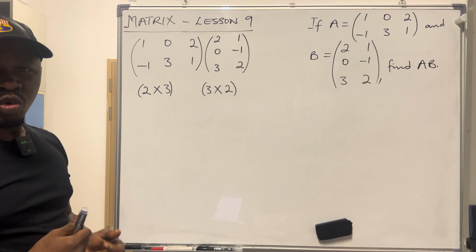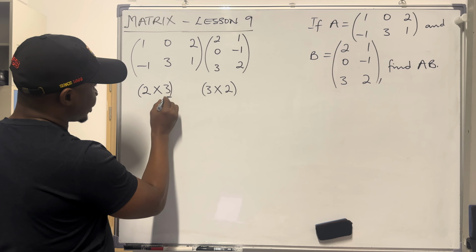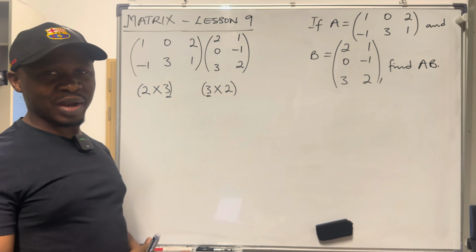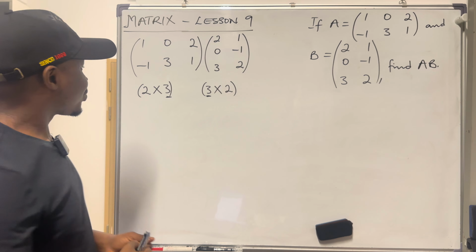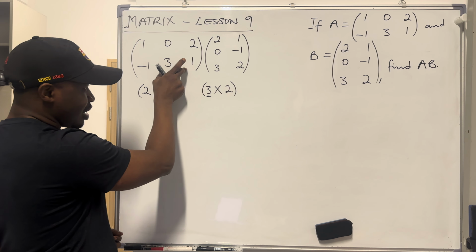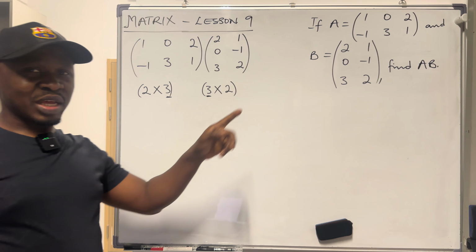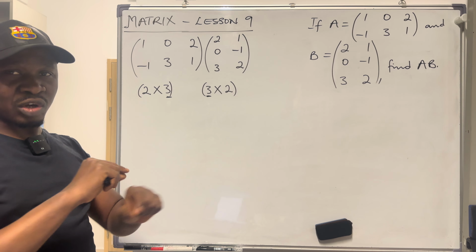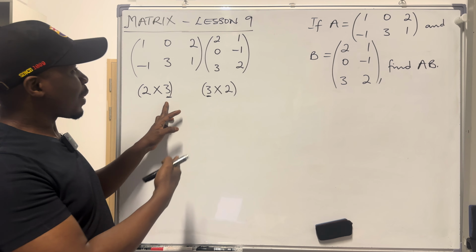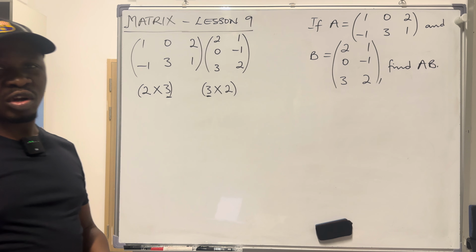How do we know that these two matrices can be multiplied or not? Once these two numbers are the same, it means we can multiply them. It means the number of columns in the first matrix must be equal to the number of rows in the second matrix. The reverse does not work.